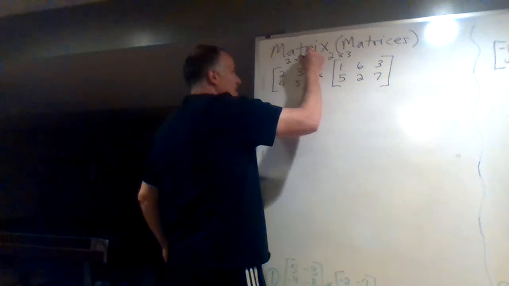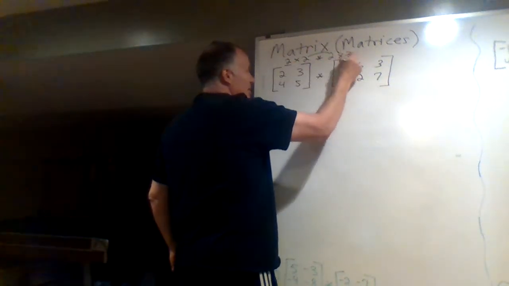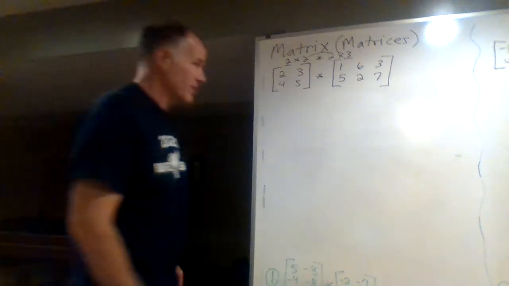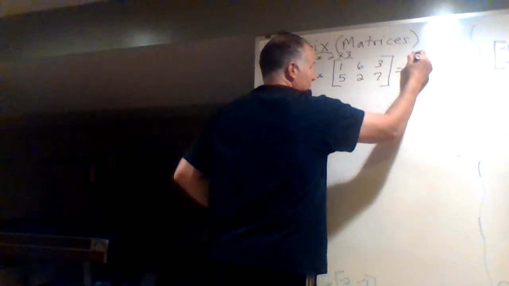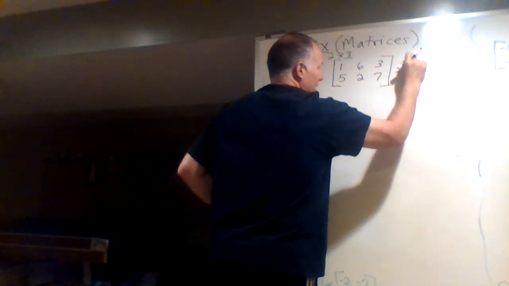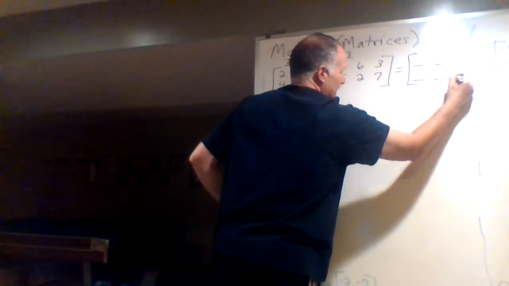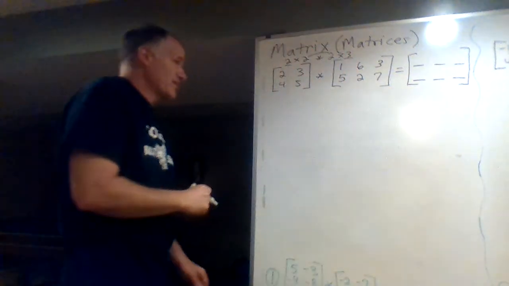What's nice is that these match, so the 2's match. But now here's what's in red. This is going to get big. This is a 2 by 3 answer matrix. So our answer matrix is going to actually look like this. You are getting 6 answers, a 2 by 3 answer matrix.